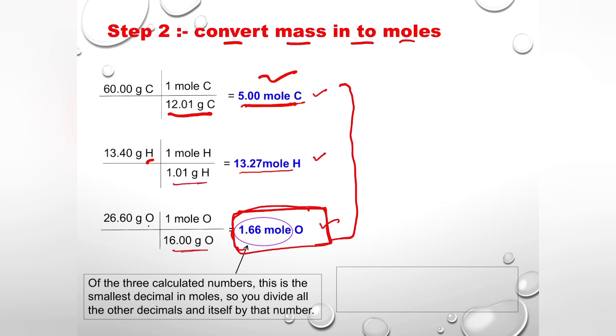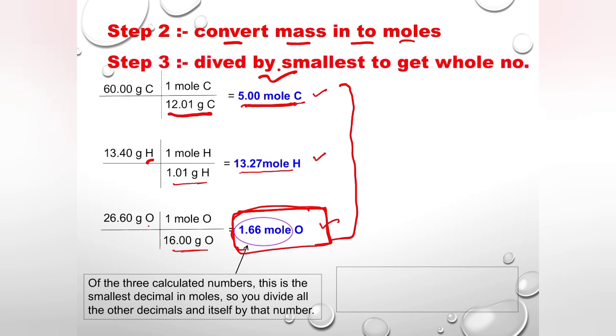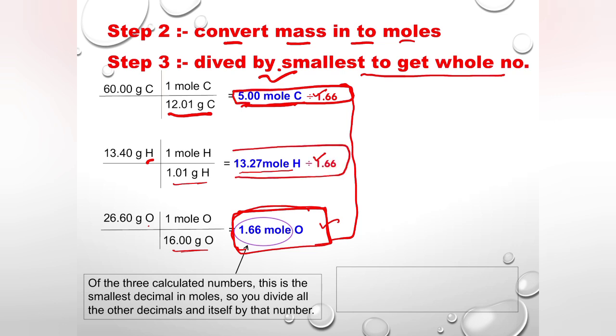Now divide by the smallest to get whole numbers. We divide the moles of carbon by 1.66. Again we divide the moles of hydrogen by 1.66, and likewise we divide the 1.66 moles of oxygen by 1.66.